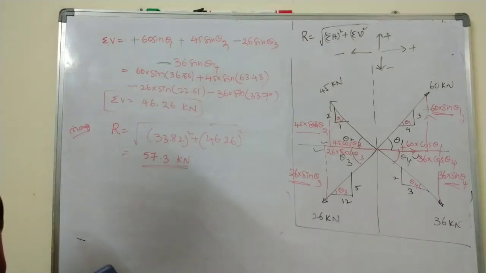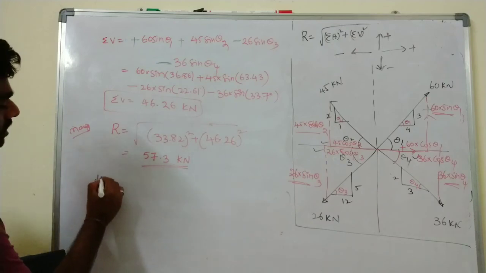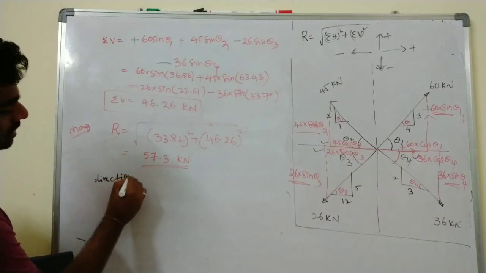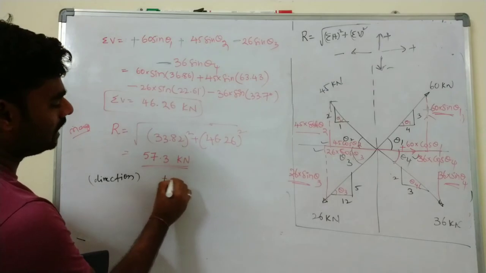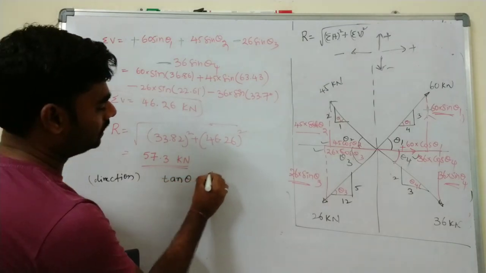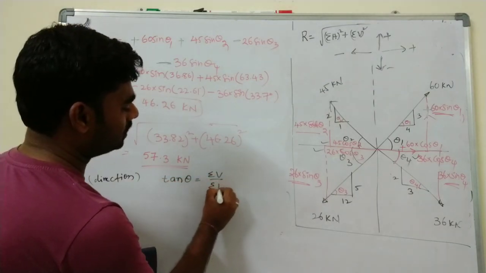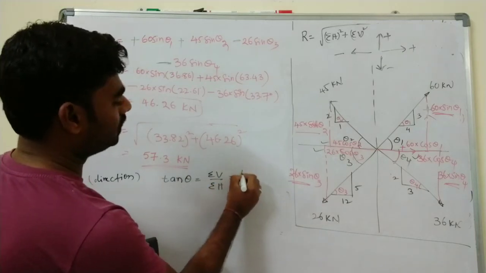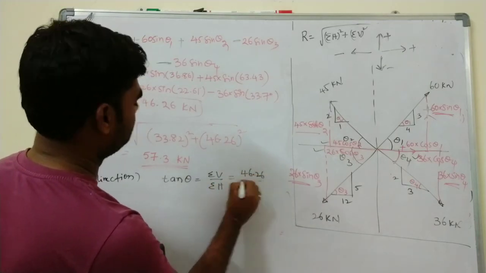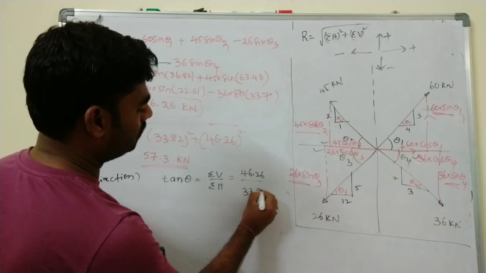The other one is theta, that means direction. We know the formula: tan theta equals sigma V by sigma H. Sigma V equals 46.26, sigma H equals 33.82.